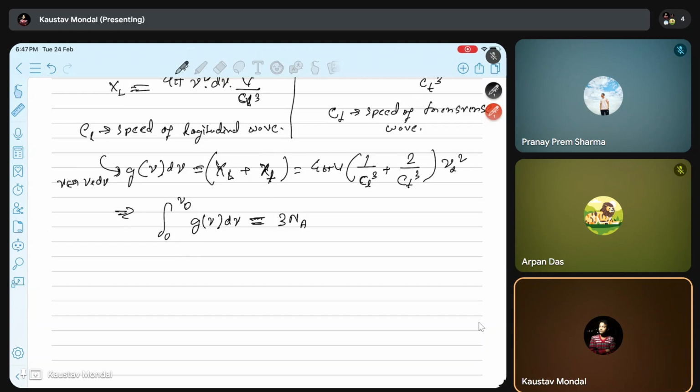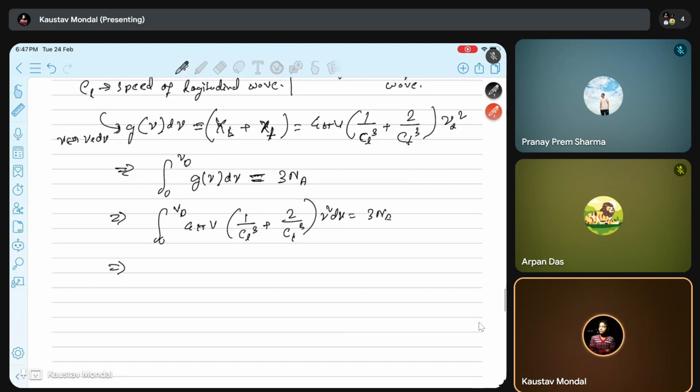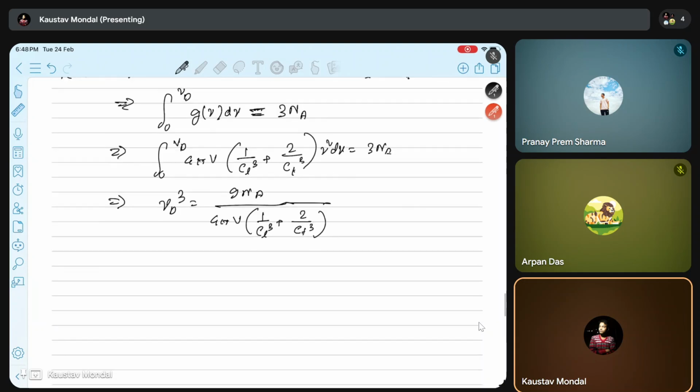So this would be the integral from 0 to nu d of 4 pi V into (1 by CL cube plus 2 by CT cube) into nu square d nu equals 3 Na. Do the calculations, and you'll get nu d cube as 9 Na by 4 pi V into 1 by (1 by CL cube plus 2 by CT cube). So this is the expression of this nu d.